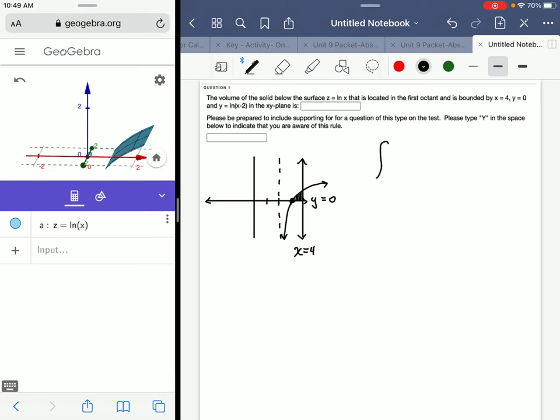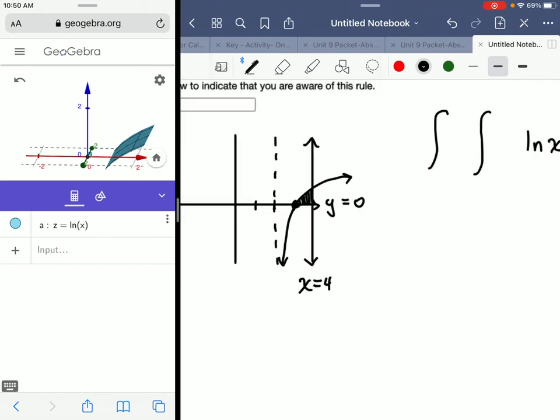All right, so double integral. We're looking at z equals the natural log of x. Now it's just a question of how we want to bound it. Do we want to bound it with respect to x first and then y, or vice versa? We have an equation defined as y equals the natural log of x minus 2, so in the form of y equals.